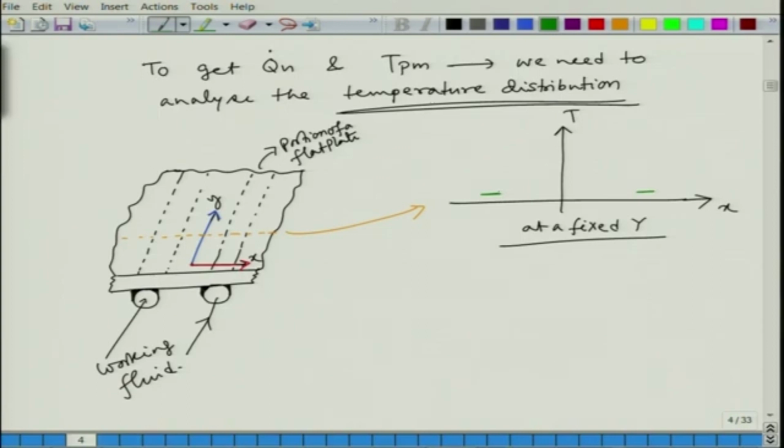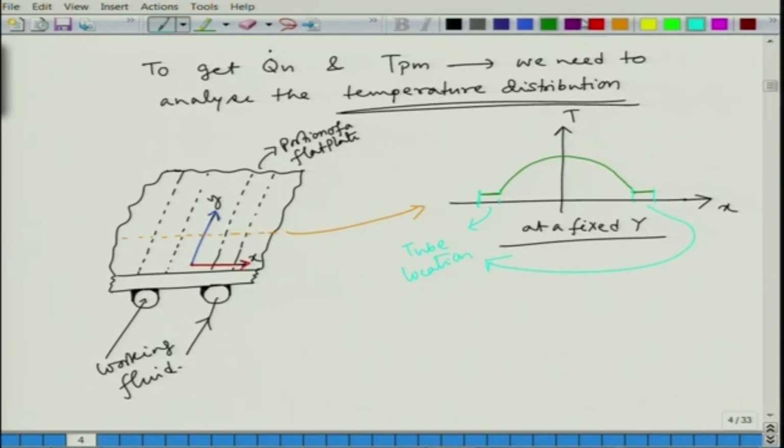Let me draw it again; these two will be symmetric. So, these are the tube locations, and this one as well.